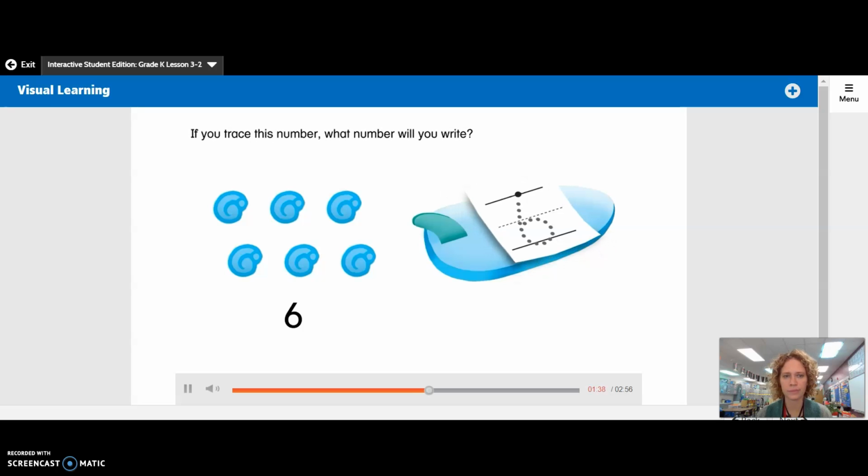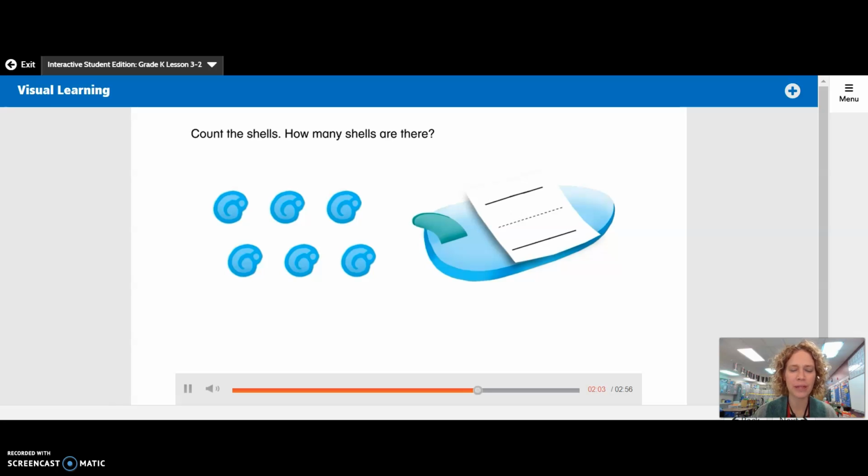If you trace this number, what number will you write? You will write the number 6. Where do you start to trace the number? Do you remember? You start at the dot at the top. Just like your numbers and your letters, they always start at the top.